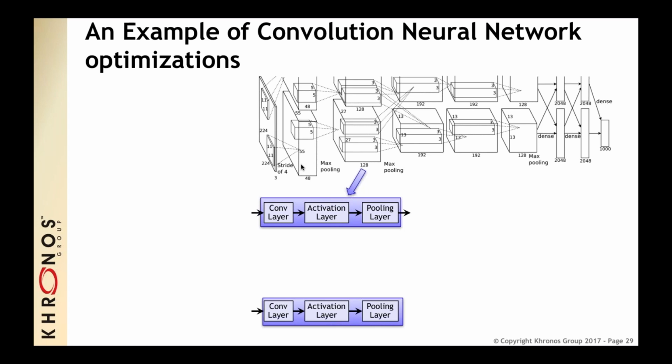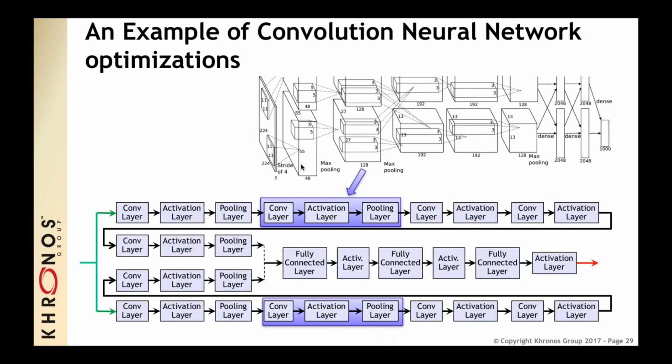Okay, so we have this as an example. This is AlexNet, a very popular network, and I wanted to show the optimizations here. One optimization is that we can see it's a graph, and we can say convolution, activation, and pooling, it's better to actually merge them into one. So each box is actually those 3 layers, and if it's possible, then we make it inline as one.